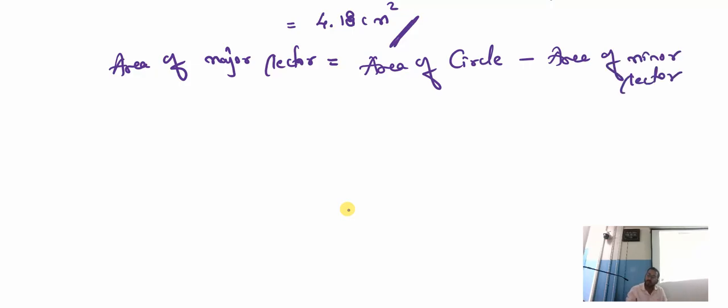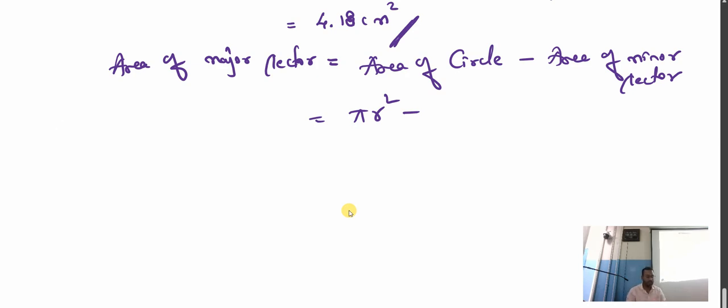Okay, what is area of circle? Pi r square minus, in the before case I told you 360 degree. If you know the angle, you can write 360. Am I right? But here they have given the radius, so I am taking pi r square only. So pi r square minus area of minor sector.